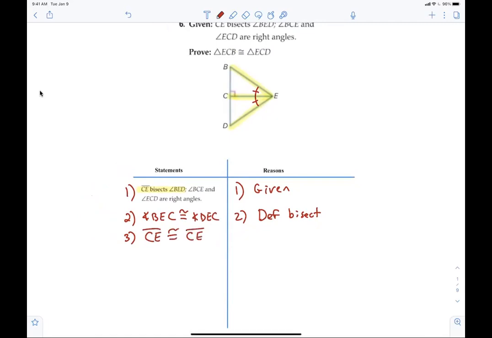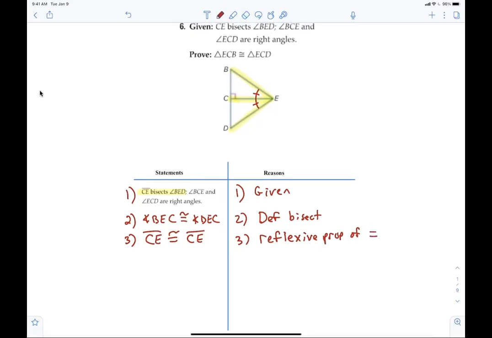Why is that? That's the reflexive property of equality. So now I'm going to mark that twice.